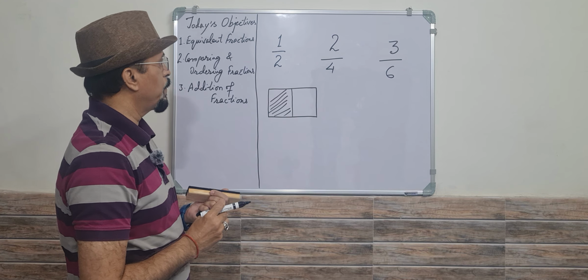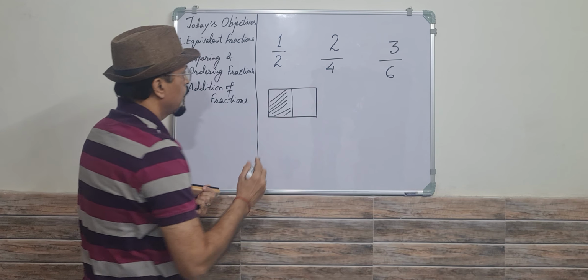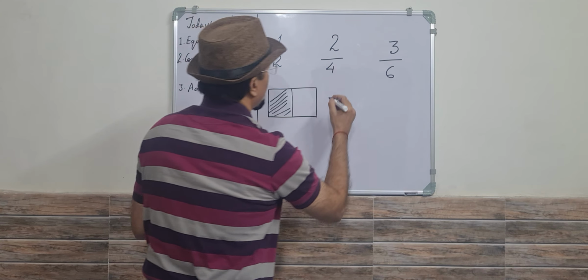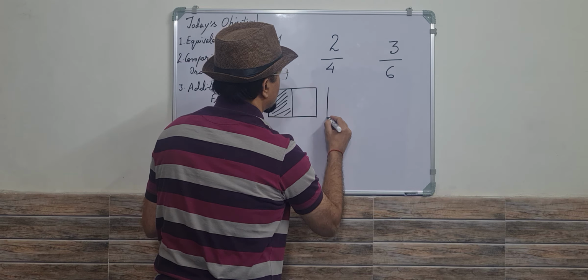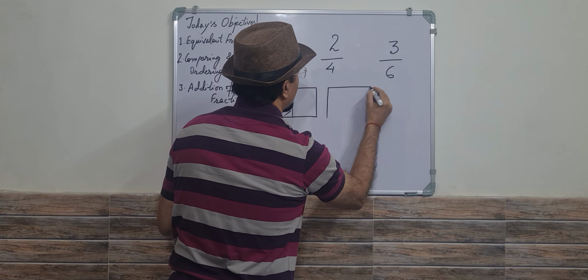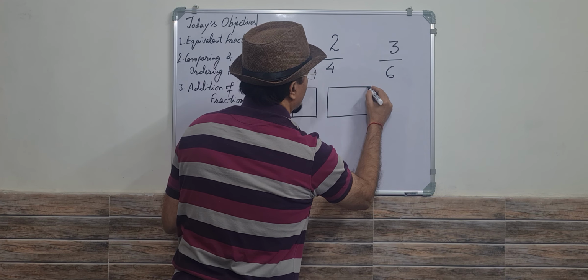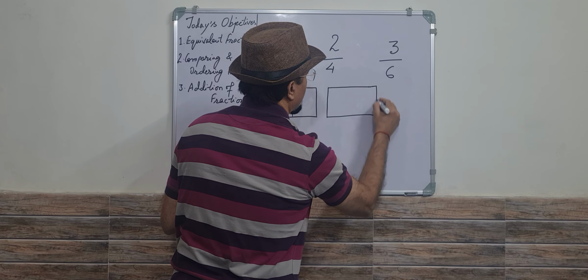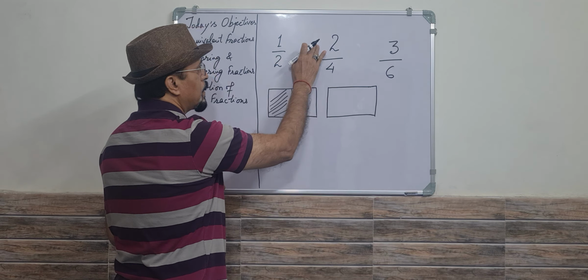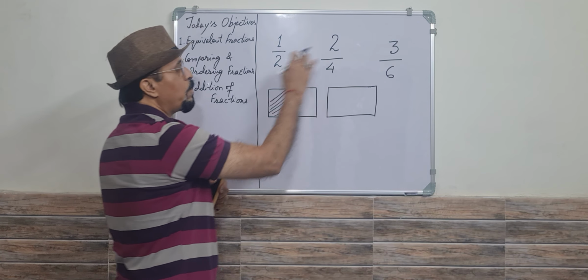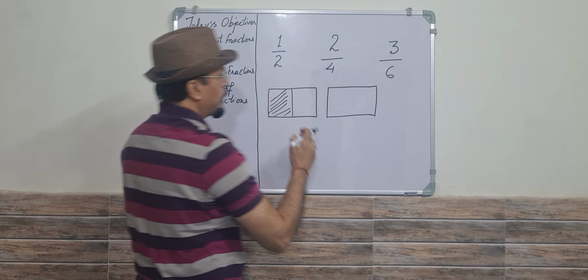Suppose I need to represent 2 by 4. So let's make a similar rectangle once again, and it means 2 parts out of 4 parts. So the total number of parts is 4 and 2 parts are being referenced.